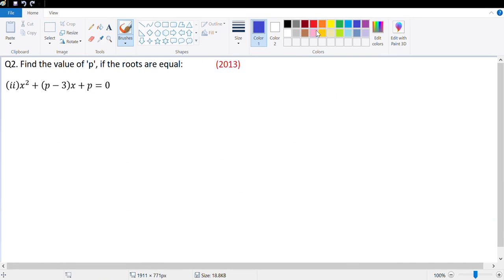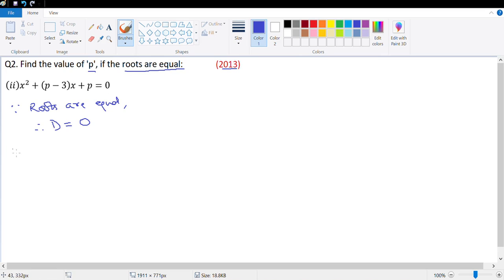This is a board question, which appeared in 2013. It says question number 2, part 2. Find the value of p if the roots are equal. It is given that the roots are equal, therefore the discriminant is equal to 0.